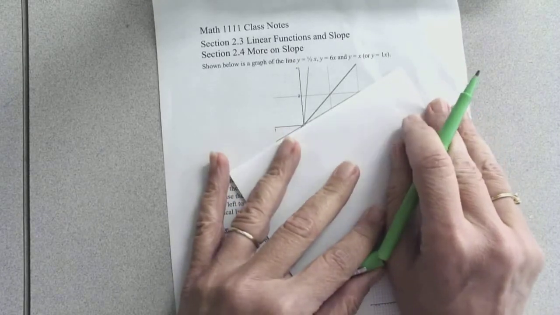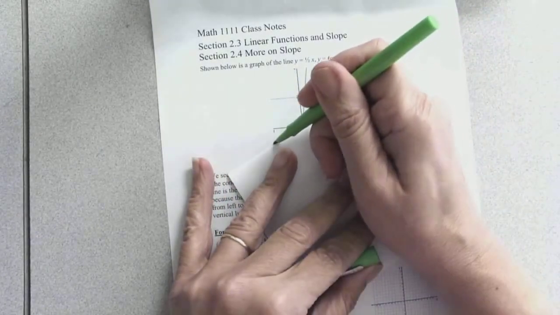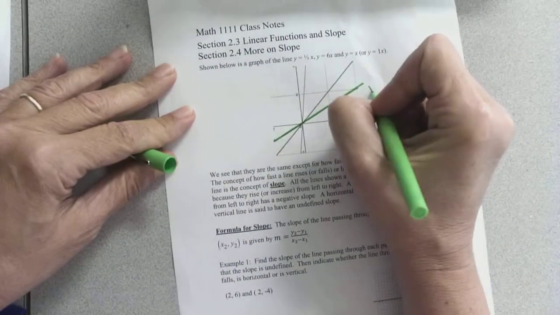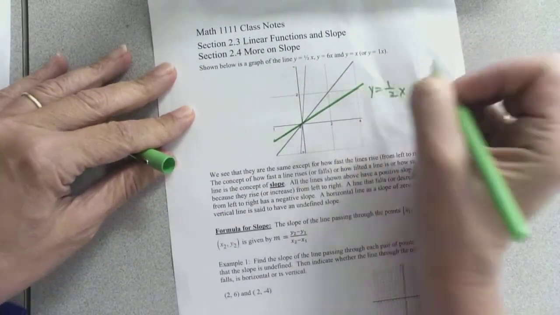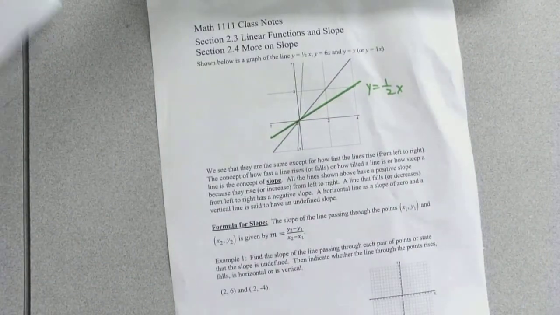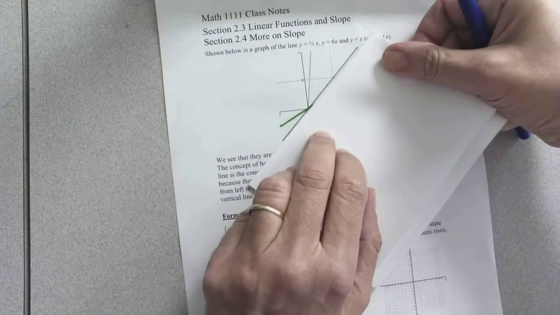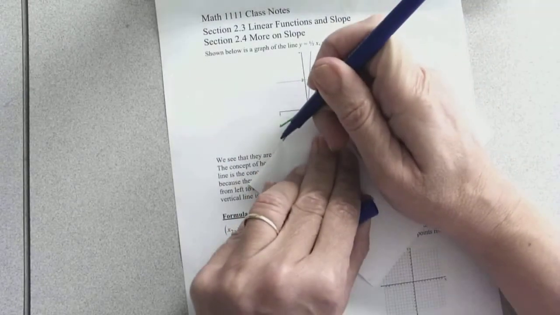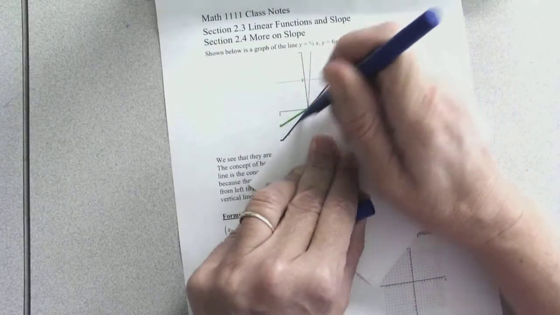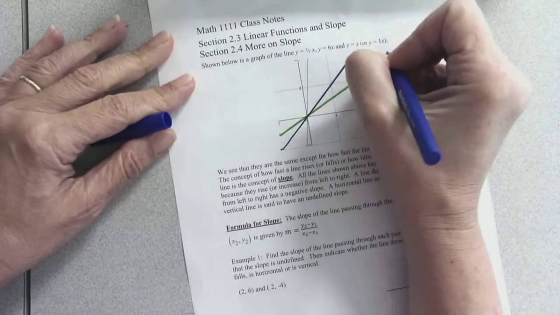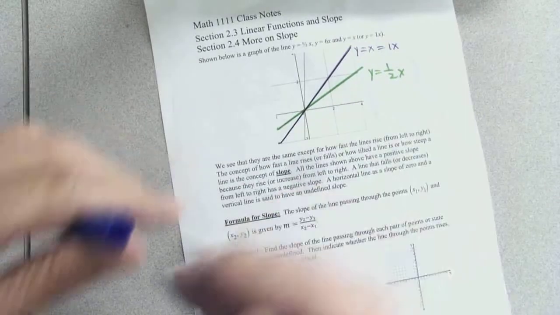And in green here, there is y equals 1/2 x. In blue, right there, we've got y equals x, which is the same thing as 1x.